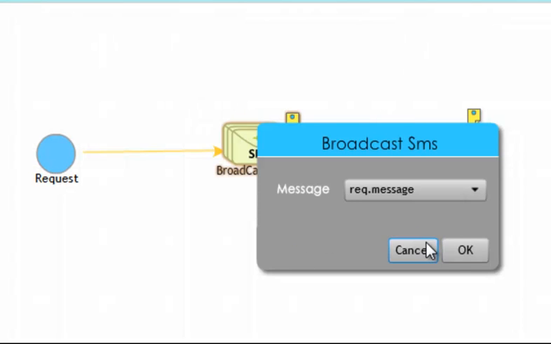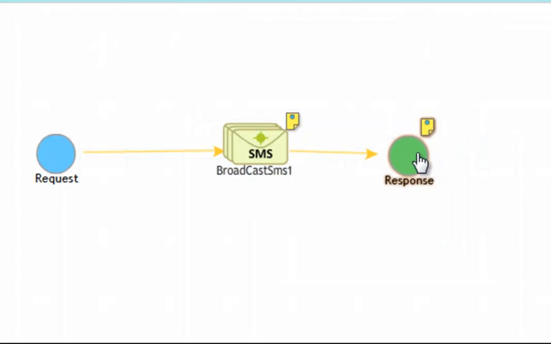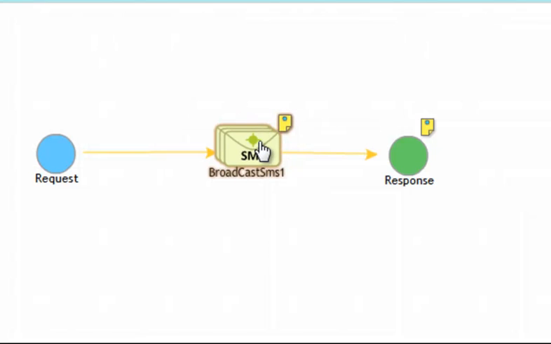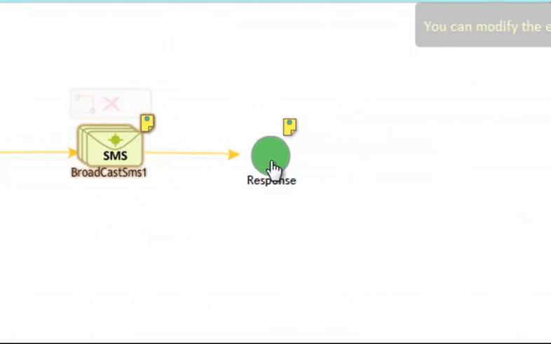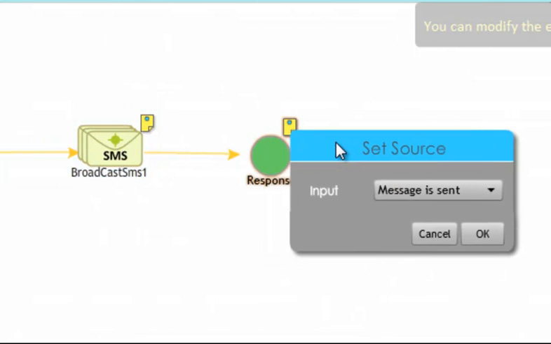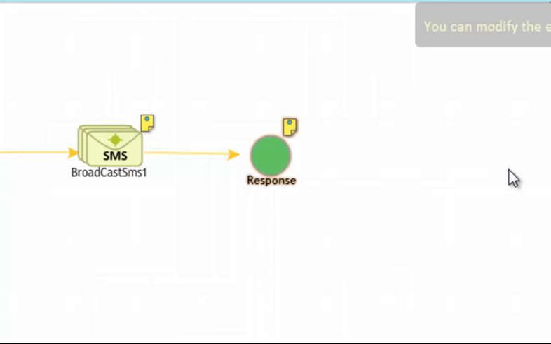So that's it. And to confirm whether the message is sent to the users, we can type something in this response control. We have used "message is sent" to confirm whether the message is sent or not. Okay, that's it.